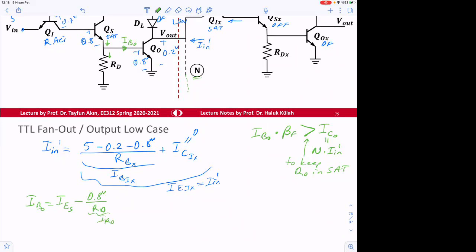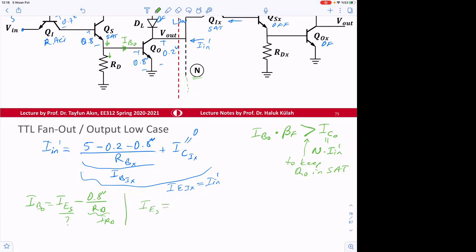Okay, so in order to find that, the only unknown is this IES. So what is IES? Since QS is in saturation, let's do this.